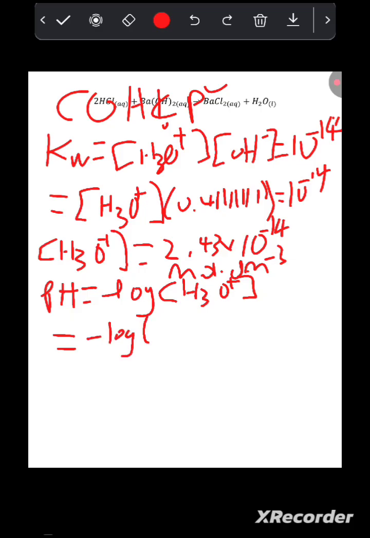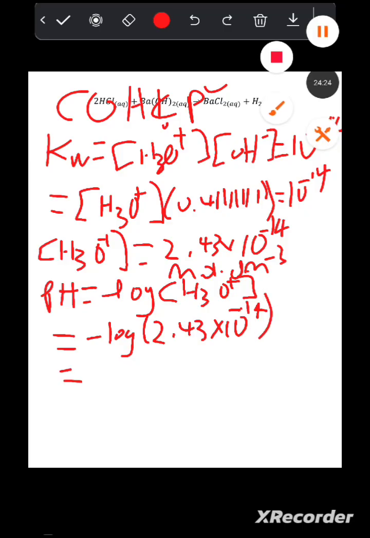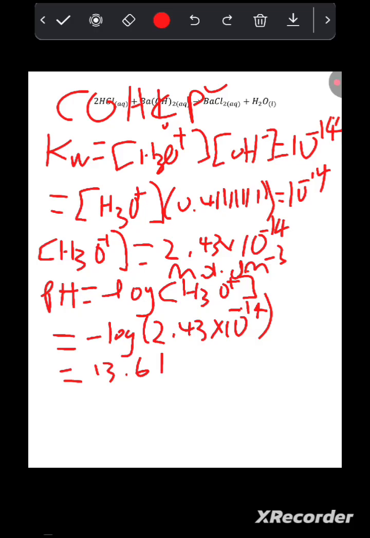Negative log, then this is 13.61. Here's the pH of the solution, the pH of the final solution.